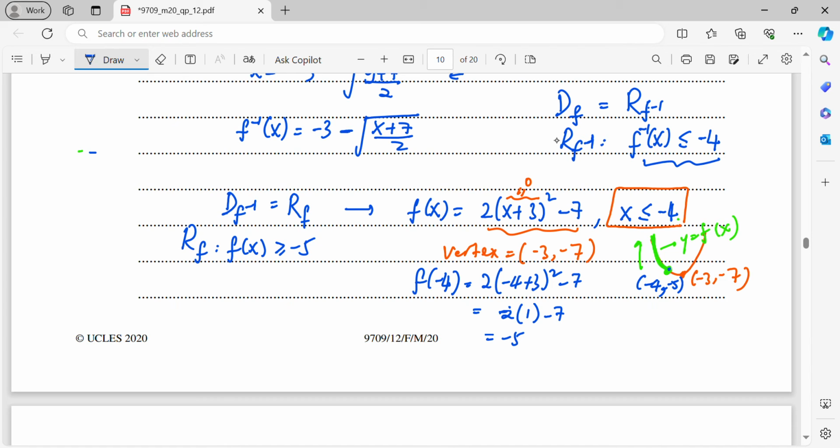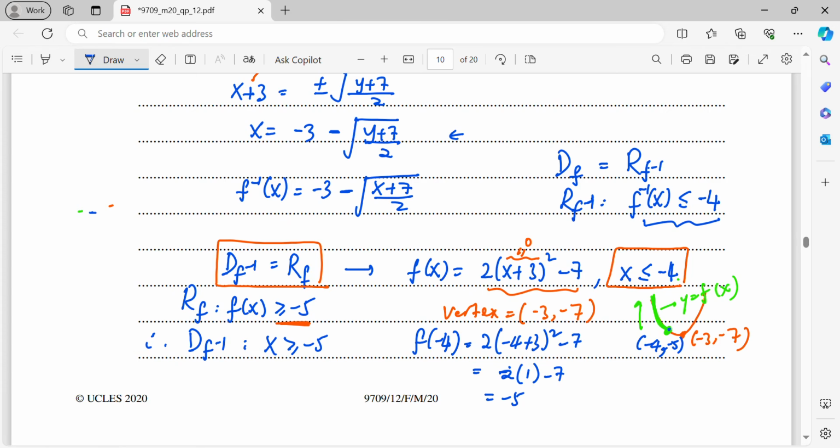Hence, my domain of f inverse, since they are the same value, I will just copy this result and change my f(x) into x because domain is referring to x. So that's all for the domain part.